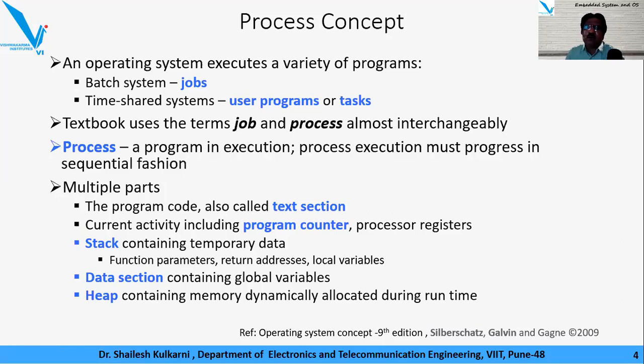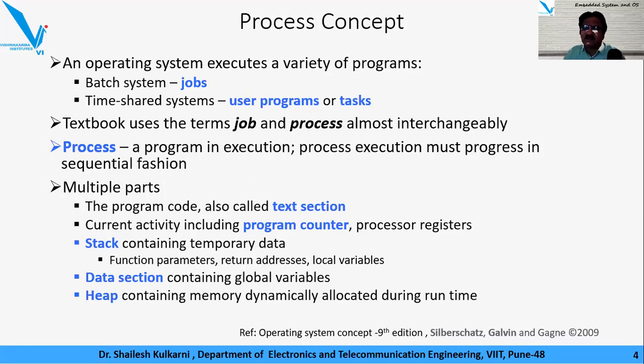When an operating system executes a variety of programs, these programs are categorized into jobs or user programs. Jobs are basically referred to as system programs, as in a batch system. Whenever we make use of users' programs, these are in time-shared systems, and they are specifically referred to as tasks.